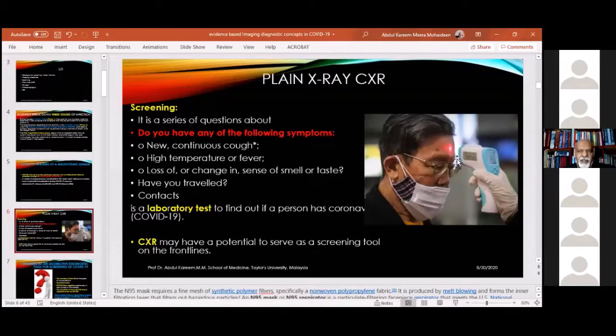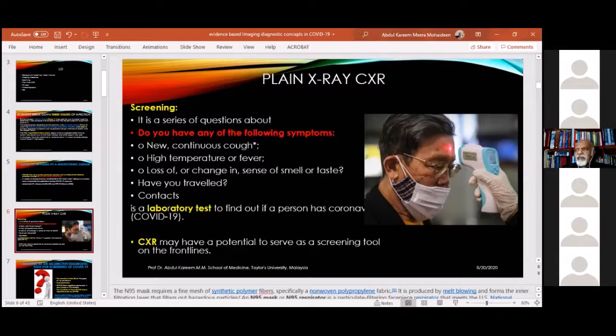In fact, when you talk about screening, you pretty well know that vocal screening and written screening is the first and foremost thing being practiced everywhere. So you will be asked whether you have a continuous dry cough, continuous fever, any loss of smell and loss of taste.